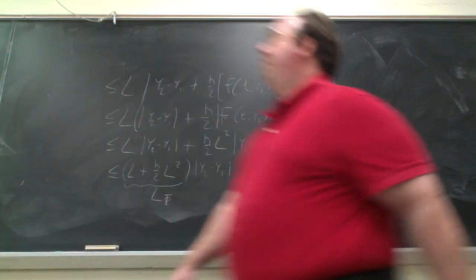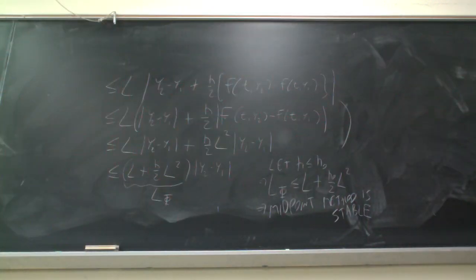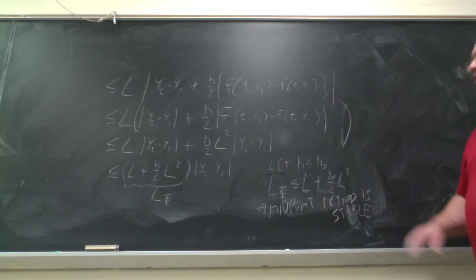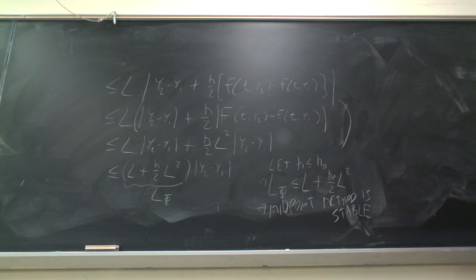This is how we analyze the convergence of a one-step method. Make sure that phi goes to f as you plug in h equals 0, so it's consistent. Show phi is Lipschitz continuous to show that it's stable. From there, you know it's convergent.